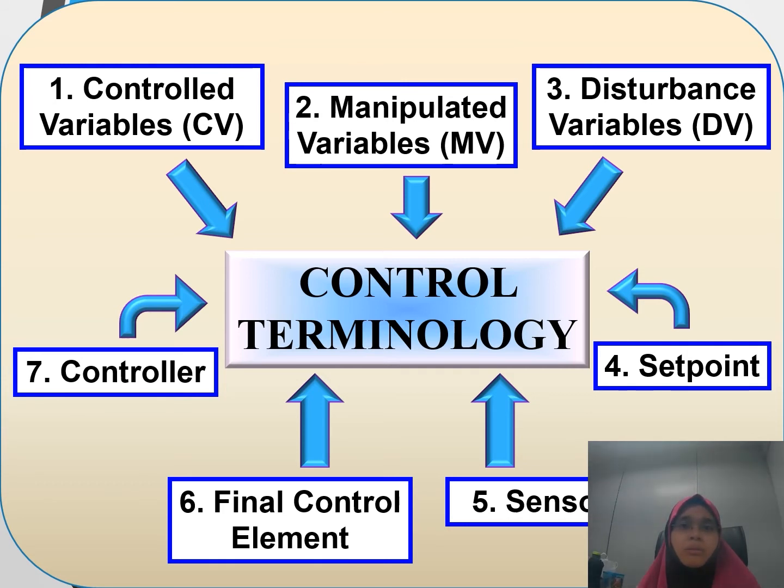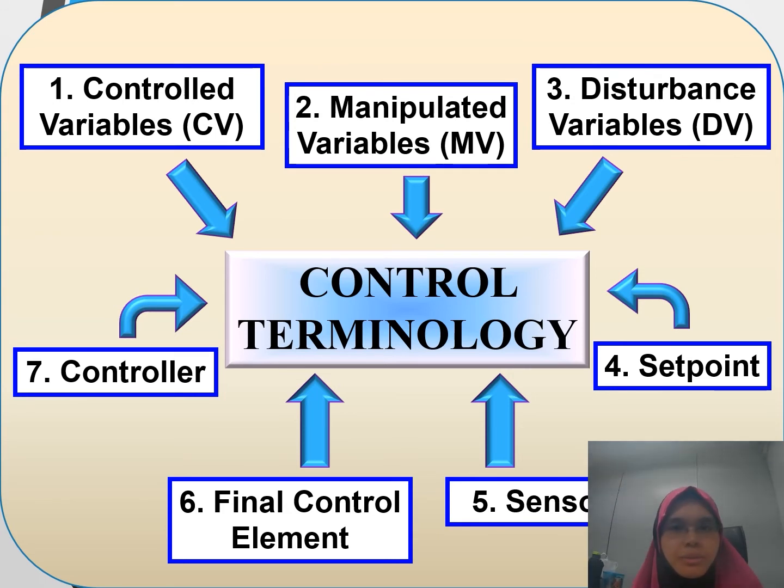Okay. What about to reduce the temperature? To reduce the temperature, we manipulate the coolant flow rate. Okay. To increase the temperature, we manipulate the steam flow rate or the steam pressure.